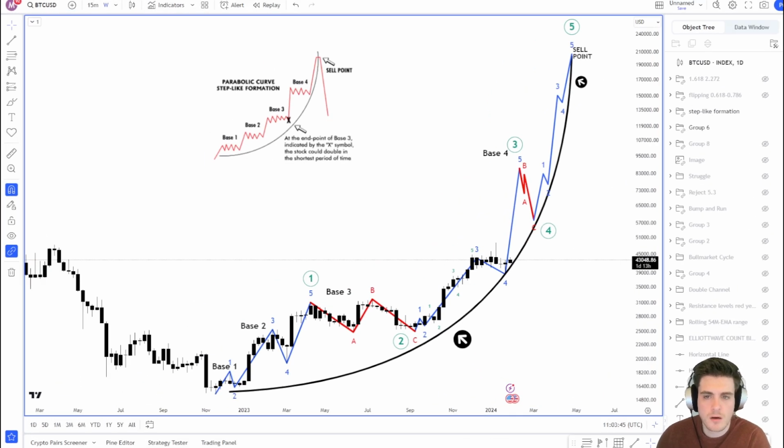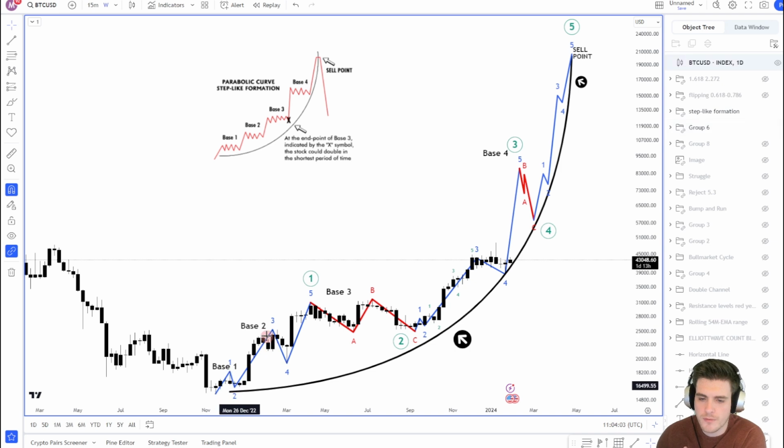Well, when zooming in on the price action since the November 22 dip to about 15.4k, we see another Elliott wave structure on a smaller time frame.